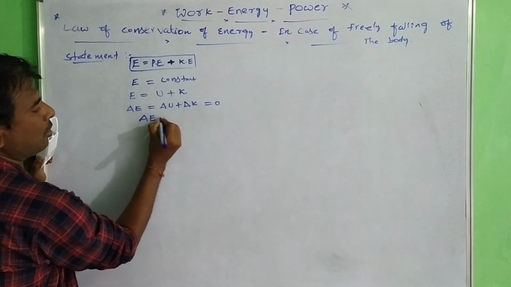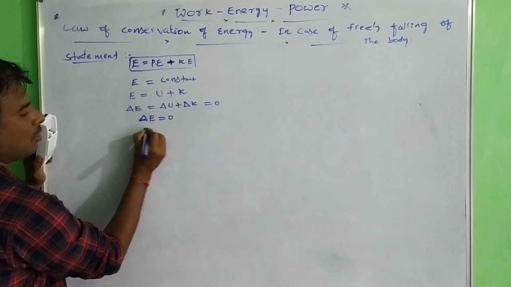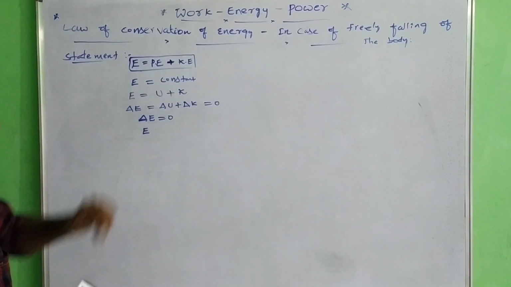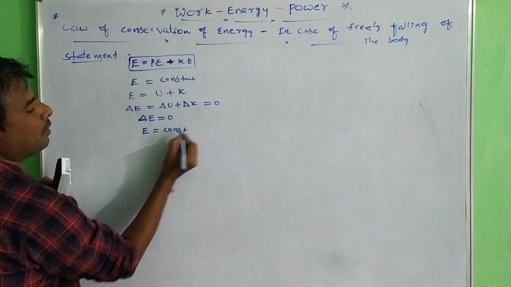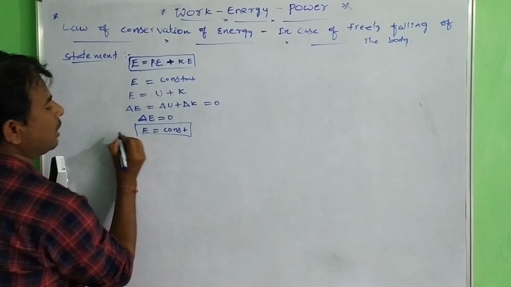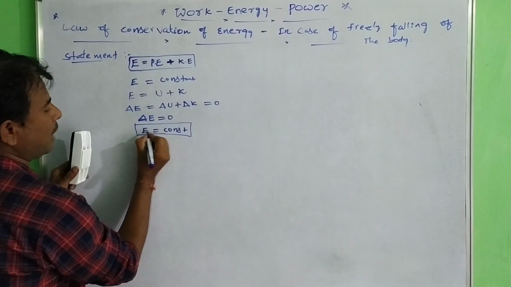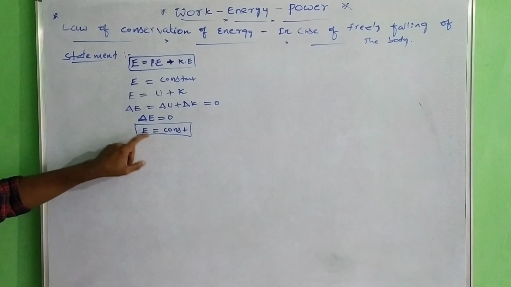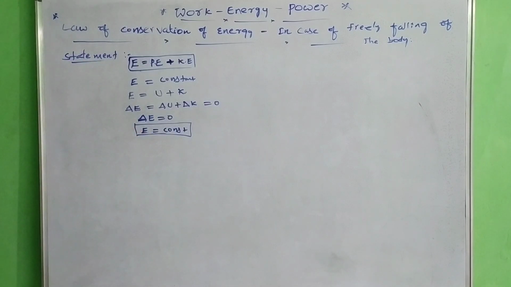Finally, delta E equals 0, so the change in energy is 0. Finally, energy equals constant. Mechanical energy is constant. This is the conservation of energy statement.